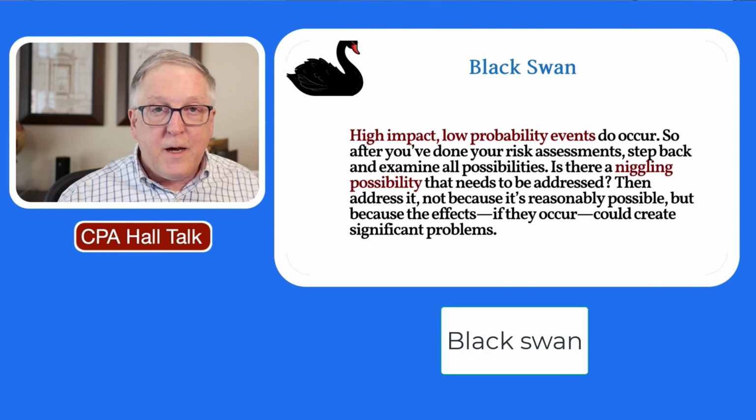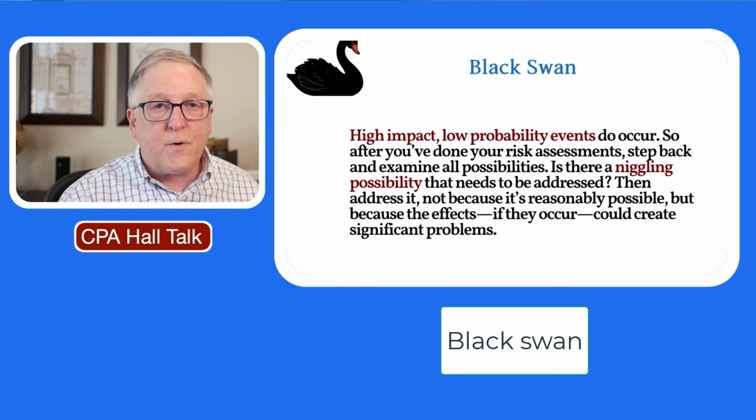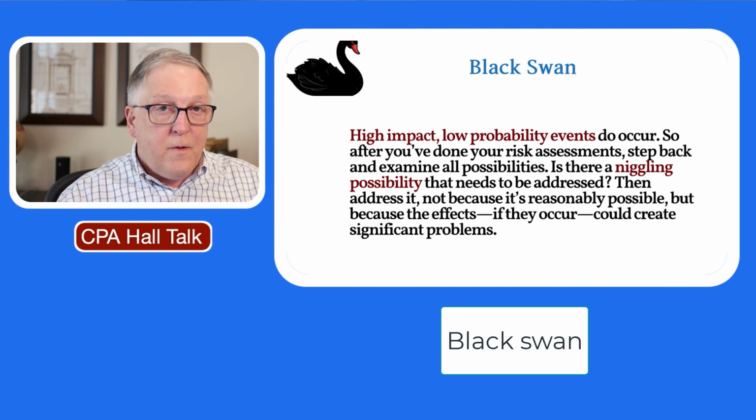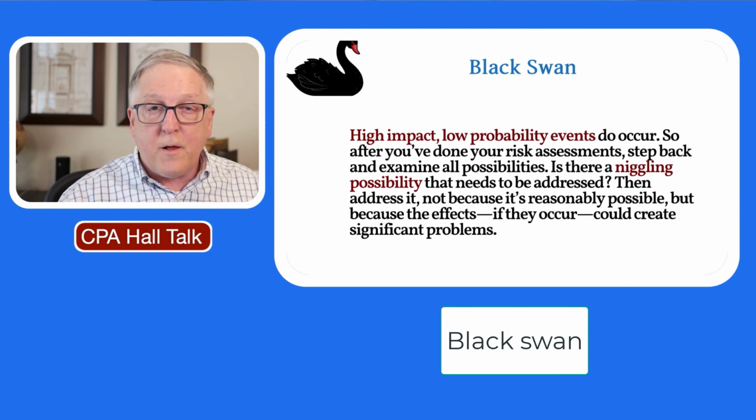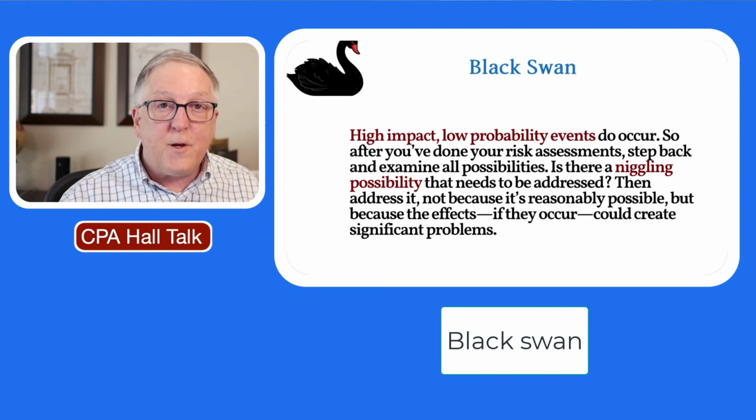In most engagements, you're not going to have a black swan. I'm just saying in some, you will. And so if you do your risk assessment and there's one area or two areas where you're just not quite sure, then go ahead and plan a response to those risks, even though they're low probability risk. If you do so, you'll sleep better at night.